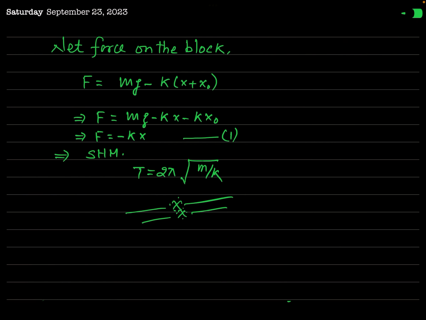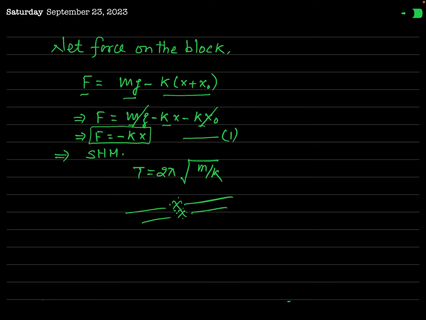As you can see, the resultant force can be given by mg minus k times x plus x naught, and this can be written as mg minus kx minus kx naught. But you have seen that mg is equal to kx naught, so this will cancel out and F will be equal to minus kx. So you can see, again we get the same result.